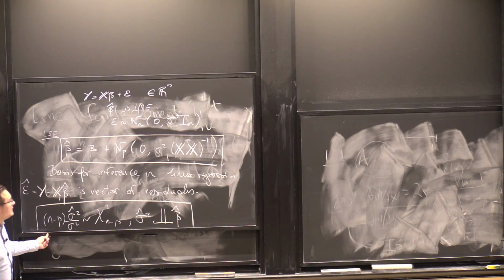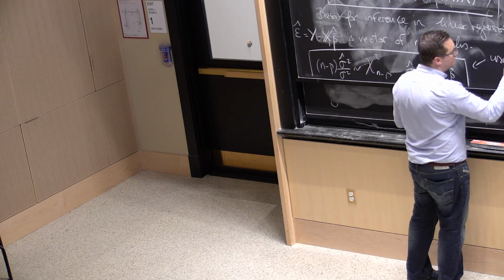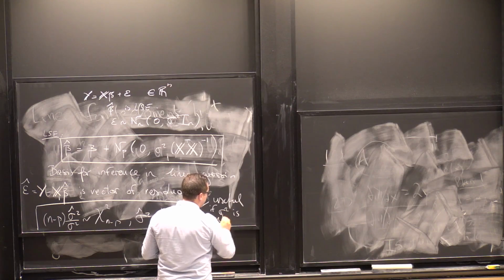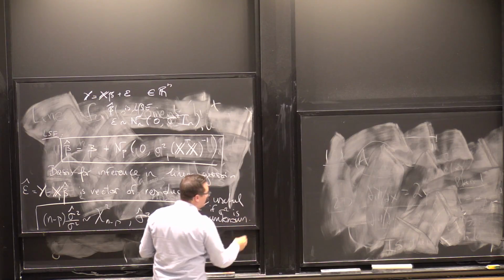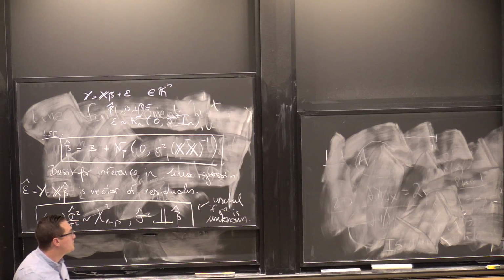That's going to be something we need. So that's useful if sigma squared is unknown. And again, sometimes it might be known, if you're using some sort of measurement device for which it's written on the side of the box.